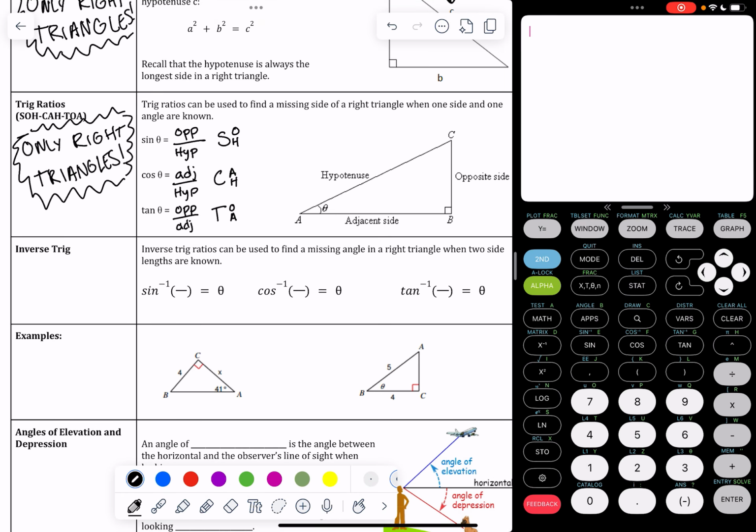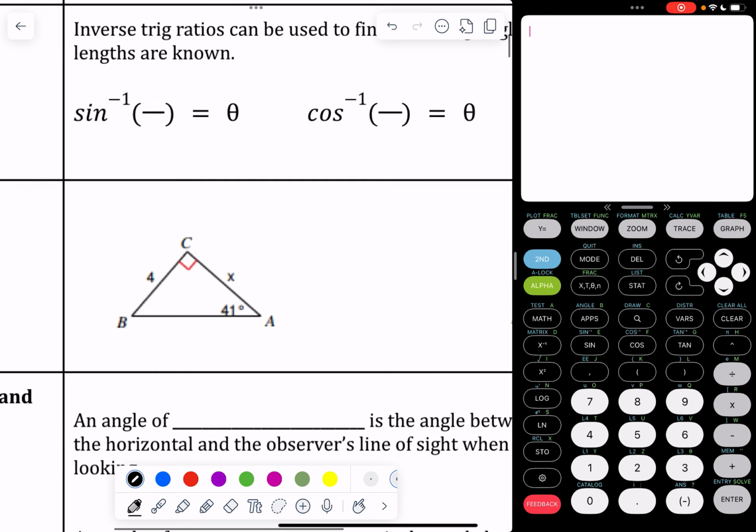For this first example here, we've got an angle. So the angle we're given is right here. We are given the opposite side, and we are trying to find the adjacent side. So if opposite and adjacent are the sides we're interested in, we'll use tangent, so TOA.